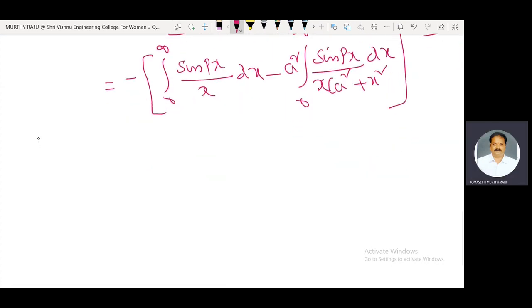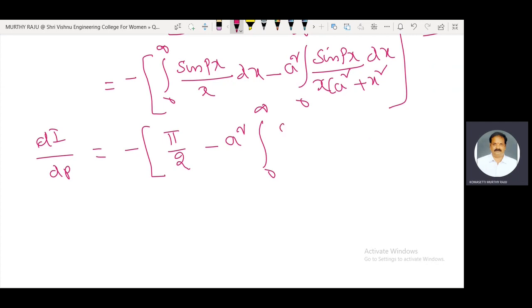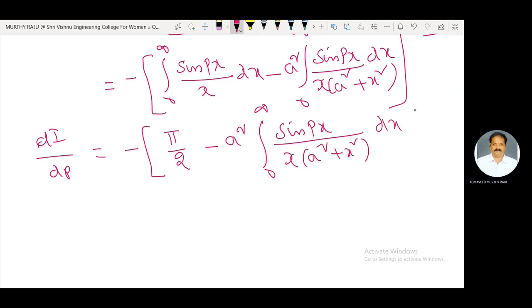We know this: dI by dp is equal to minus of pi by 2 sin px, since integral 0 to infinity sin px by x dx is pi by 2. We know that this one is minus a square integral 0 to infinity sin px by x into a square plus x square dx.